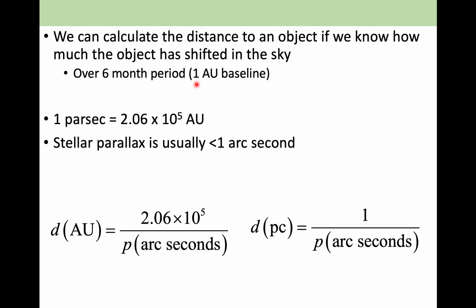We can do this with some rather simple math that we are not going to do in detail in this class, to determine the actual distance to that object, even if it's hundreds of thousands of astronomical units away from us.